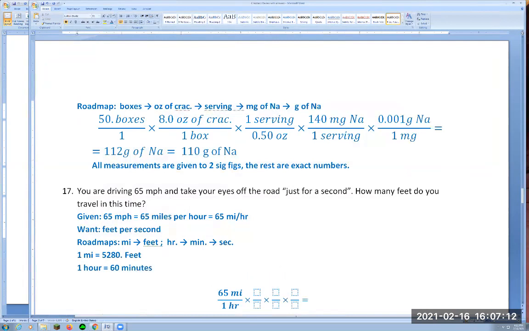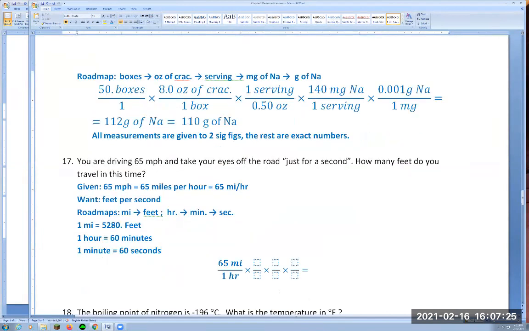And then we know that 1 minute is equal to 60 seconds. So, and we're all set. We have what we need to convert hours to minutes, minutes to seconds, and miles to feet. So only 3 conversion factors are needed here.